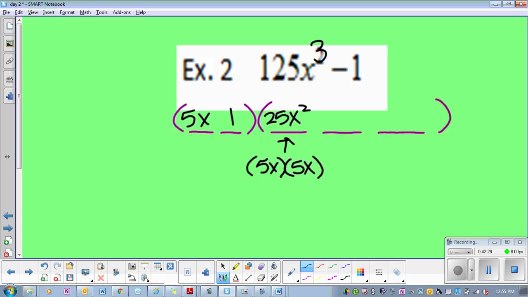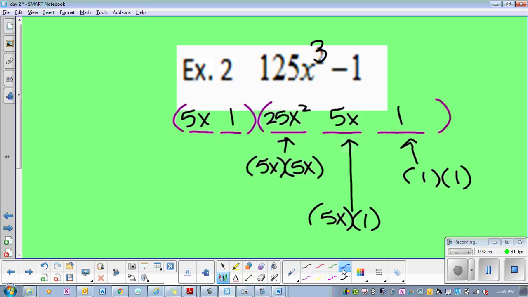Please remember that the 5x is in parentheses, so you have to square everything, right? So this middle one is 5x times 1, right? The 2 multiplied, 5x. And then the last one is 1 squared, which is?